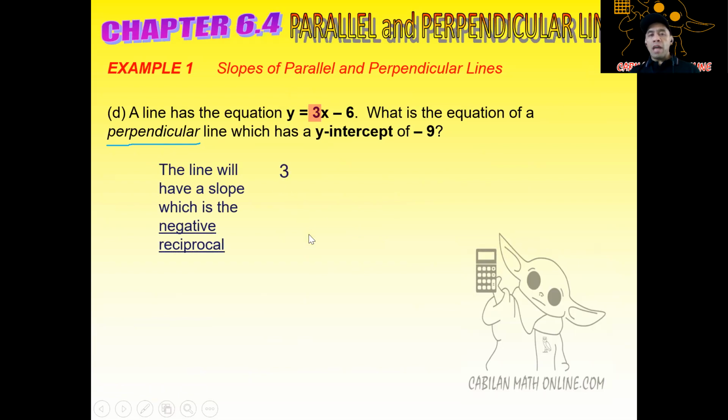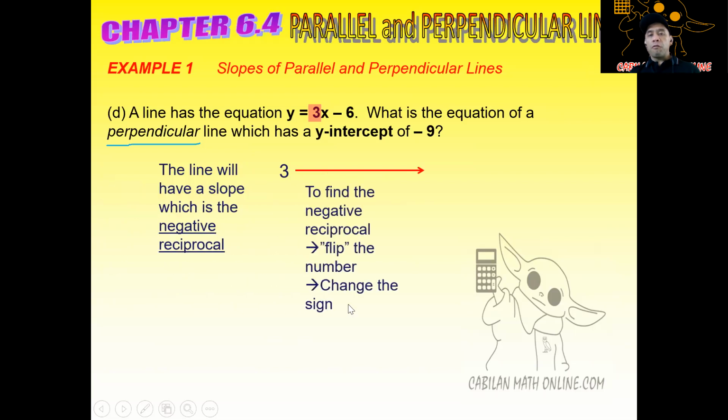So what we need to do to that 3 is find the negative reciprocal of it. And remember, the way we do that is to flip the number, meaning we swap the numerator and the denominator, and we change the sign to the opposite sign. So if I take the 3 and flip it, we get a fraction of 1 over 3, and then we change the positive to a negative, so the negative reciprocal of 3 will be negative 1 over 3.